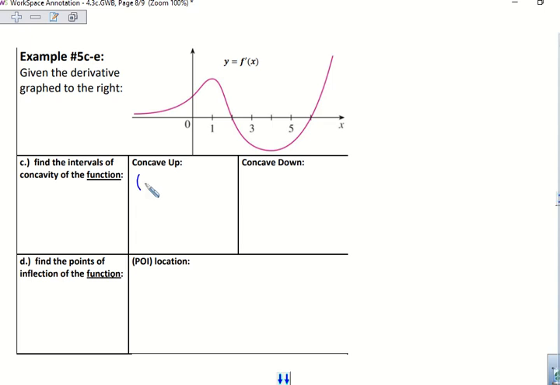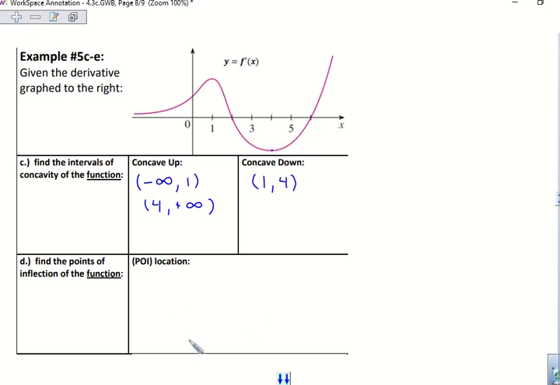So it's going to have a positive slope from negative infinity until we get to 1, and then from 4 to positive infinity. And then concave down from 1 to 4.